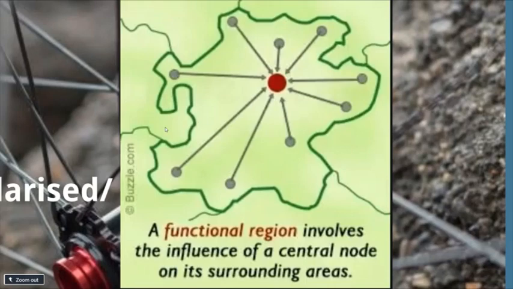Accra and Kasoa are normally considered to be one. So when we are formulating policies, even though Kasoa is in the Central Region, we often see it as one, so we consider Kasoa when we are formulating policies for Accra.